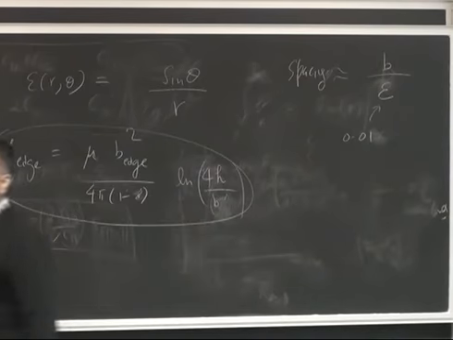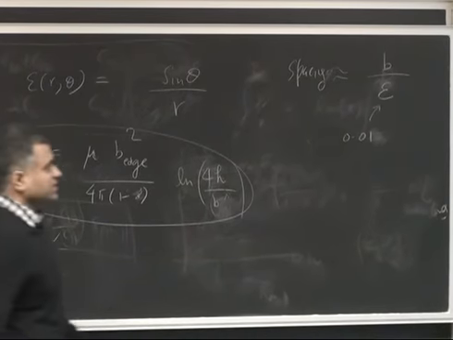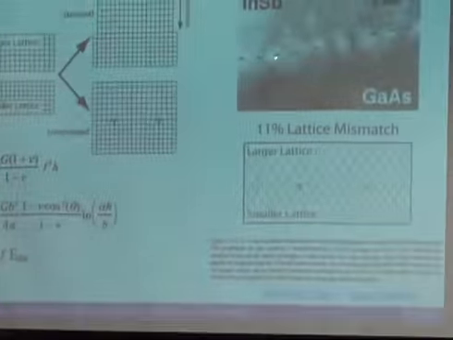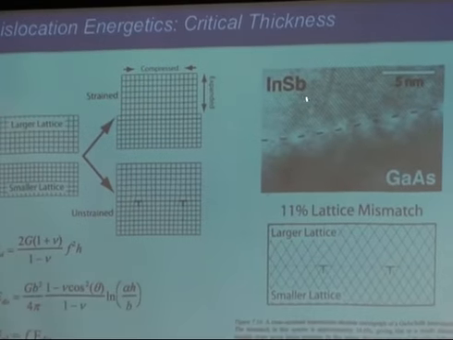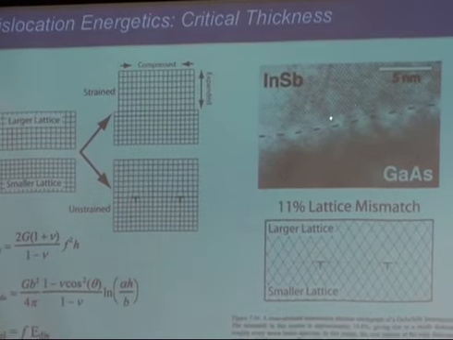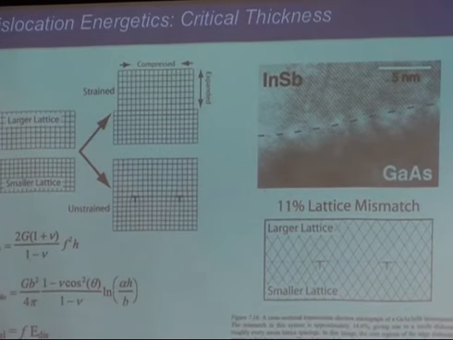And here's an example, a beautiful one, where this is indium antimonide on gallium arsenide. And here's a TEM image. It's kind of hard to see, but these bright spots you see are the strain fields around the dislocation. The spacing here is basically, you can do what I just did here.